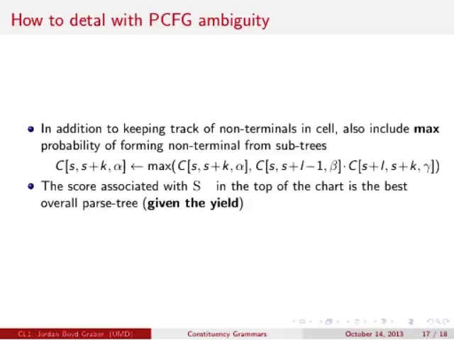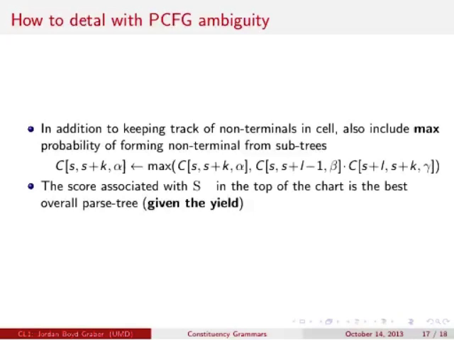But we want more than whether a sentence is simply grammatical or not. We want to be able to decide which ambiguous parses we should prefer over others. And so this requires a simple tweak of the algorithm. Instead of just storing a Boolean variable, we now keep track of the maximum probability of a subspan. We also have to initialize the chart so that the uninitialized spans have a 0 probability.